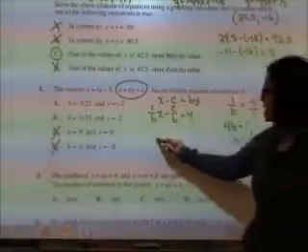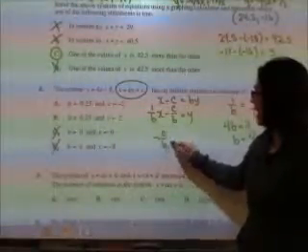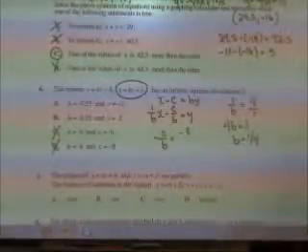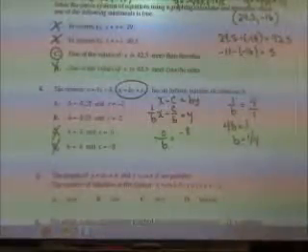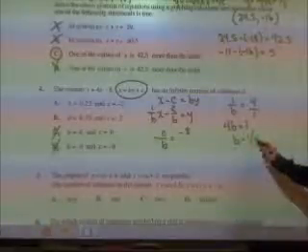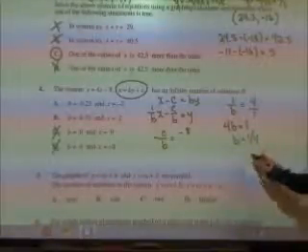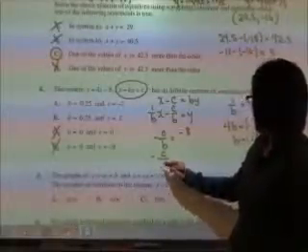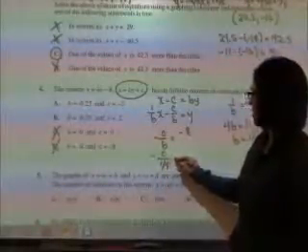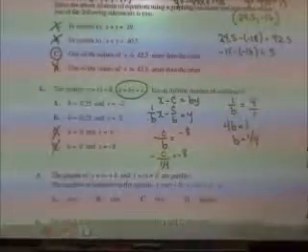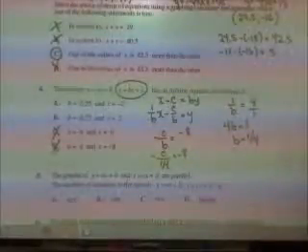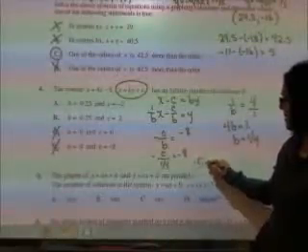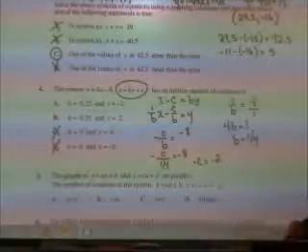And then my negative c over b has to be equal to negative 8. Right? I already know what b is. B is now 1/4. So I get c over 1/4 equals negative 8. Cross multiply, and I'm going to get negative c equals negative 2.